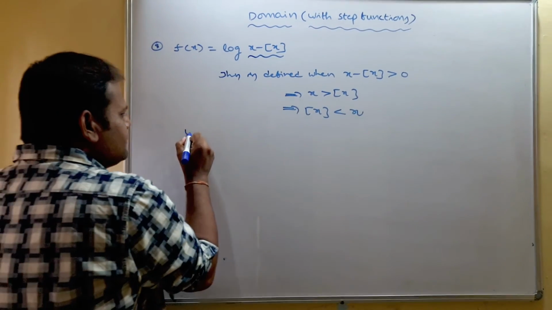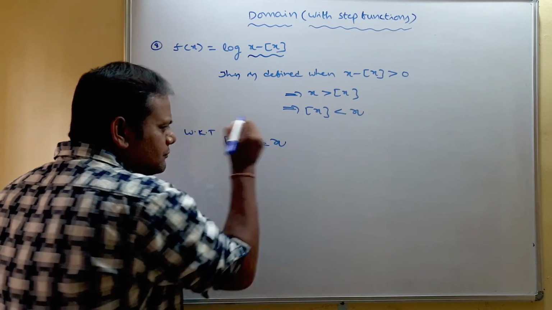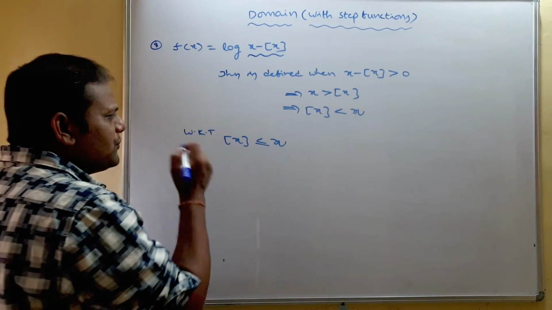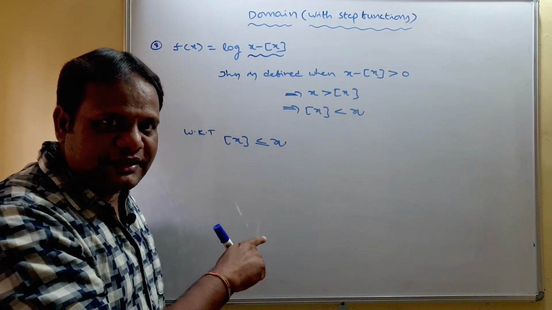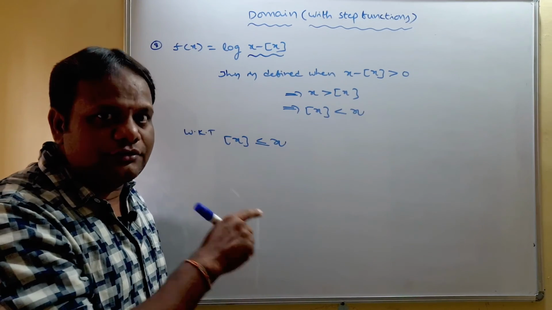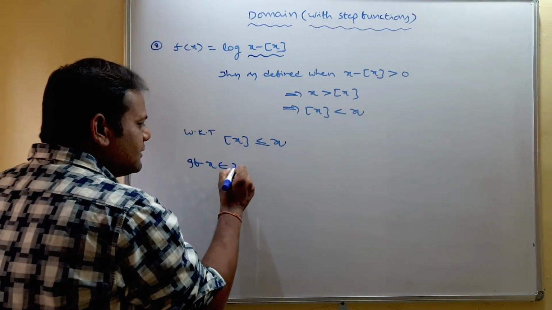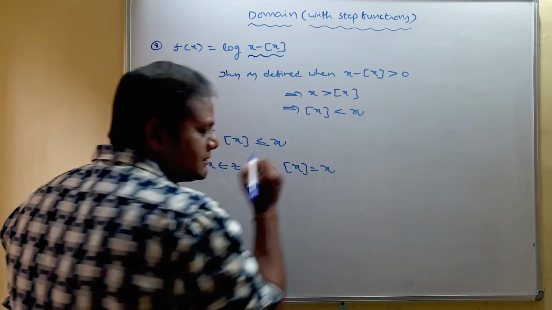We know that [x] is always less than or equal to x for all real numbers. When [x] equals x, if x is an integer, then [x] = x. So if x belongs to Z, then [x] = x.